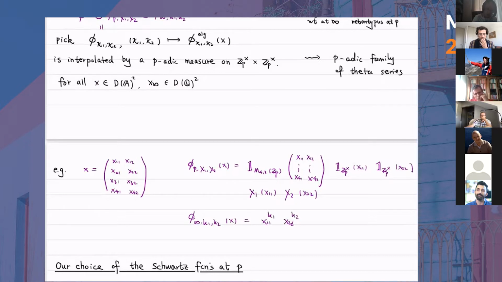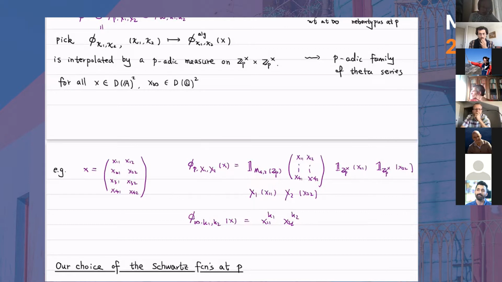Now if you look at these two parts together, combining the contribution from p and the contribution from the Archimedean place, you see that this is actually the value of kappa 1 at x11. So this is certainly going to be interpolated by a p-adic measure, which is a delta measure at x11.